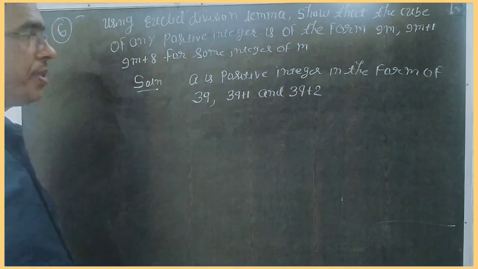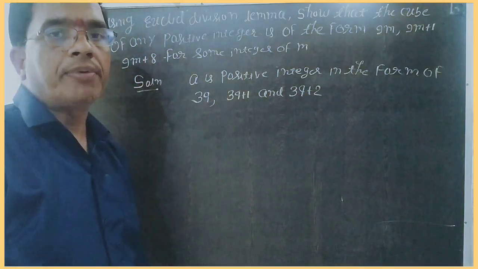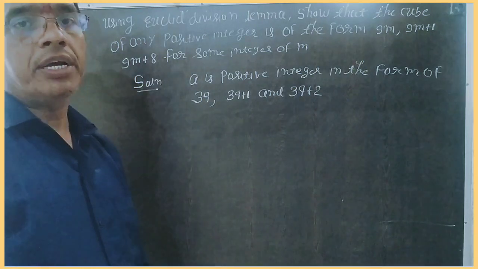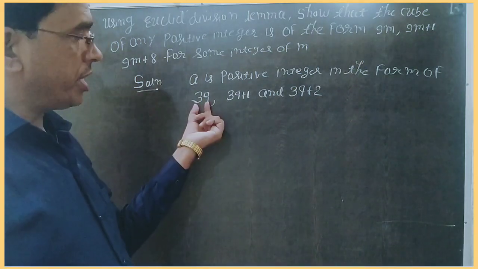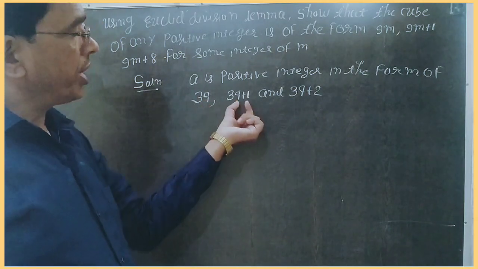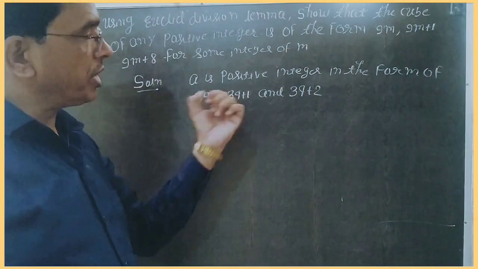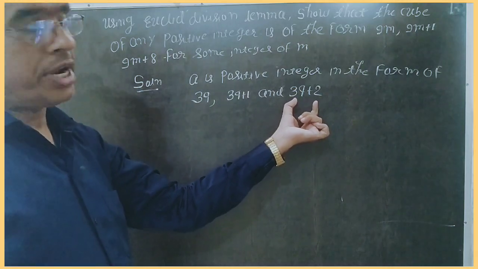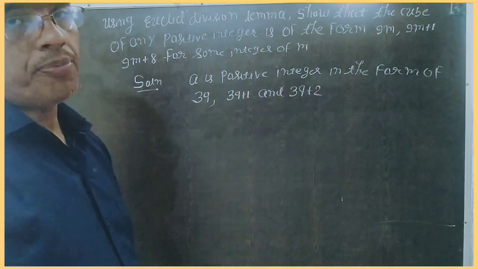You know from previous questions that any number divided by 3 has 3 remainders, 0, 1, 2, and the quotient is q. When the remainder is 0, the number is 3q; when the remainder is 1, the number is 3q plus 1; and when the remainder is 2, the number is 3q plus 2.